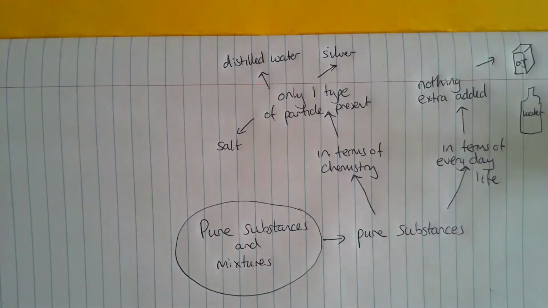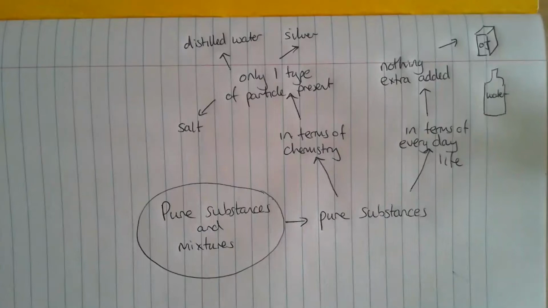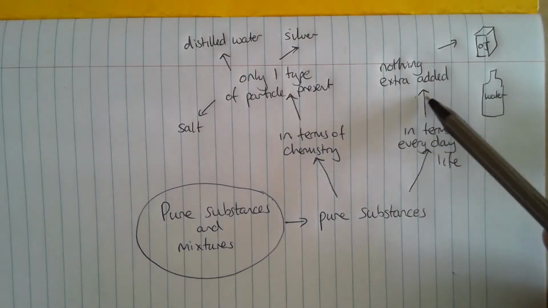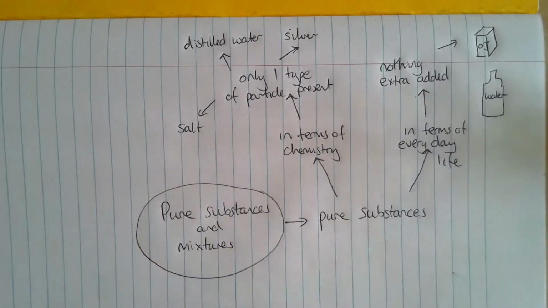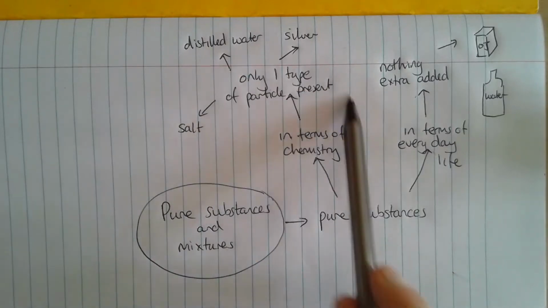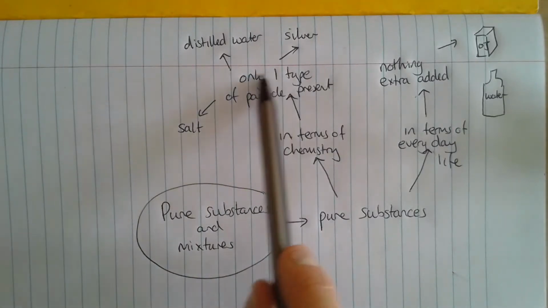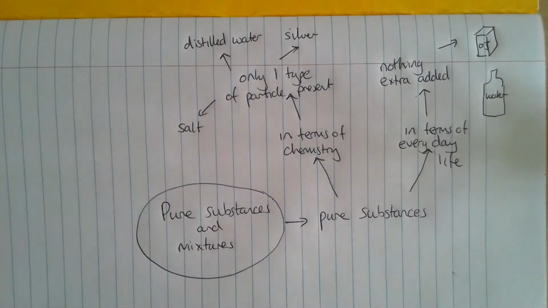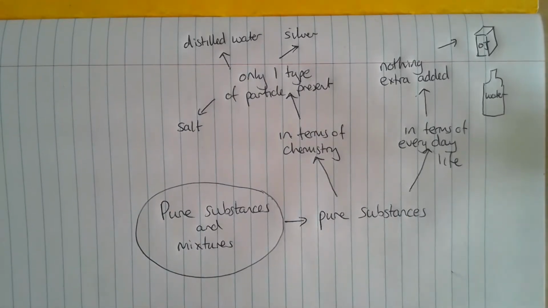Gold's usually got something added to it as well, but silver itself is usually an absolutely pure substance. So in everyday life it means nothing extra has been added to it. There's more than one type of particle present, but nothing extra has been added. In terms of chemistry, there's only one type of particle present. Salt is an example of that, distilled water, and silver that we make jewellery out of.